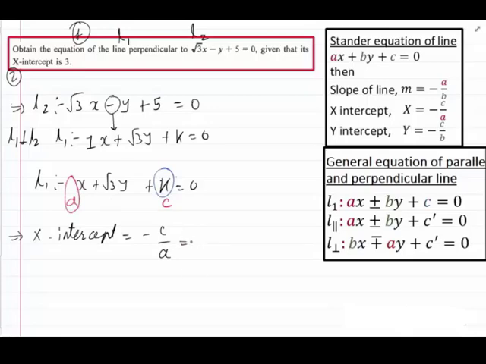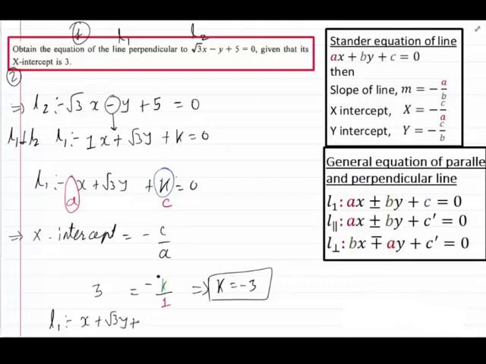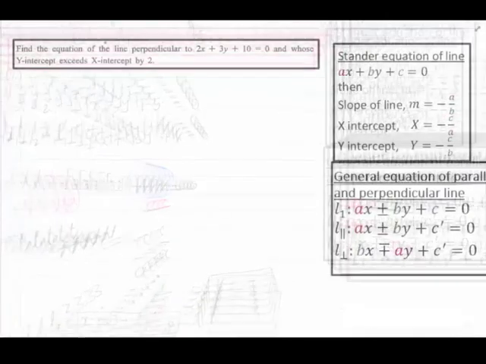So let's put the value of c, which is k, and a, which is 1, and it is given that the x-intercept is 3, right? So we can say our k must be minus 3, right? Yay, we get the value of k. So we can say the equation of L must be x plus root 3y plus k, which is minus 3, equal to 0, which is the required equation of line. Ta-da!